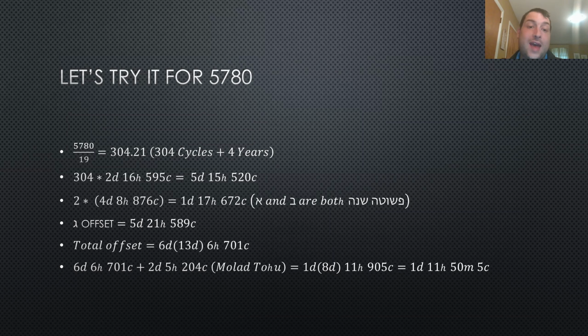And if you add that to Baharad, 2 days, 5 hours, and 204 chalakim, you get 1 day, 11 hours, and 805 chalakim, or 1 day, 11 hours, 50 minutes, and 5 chalakim.